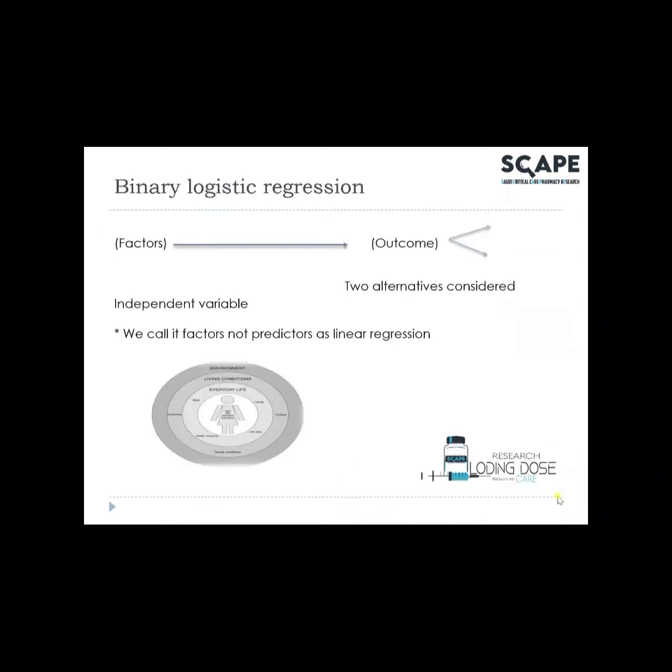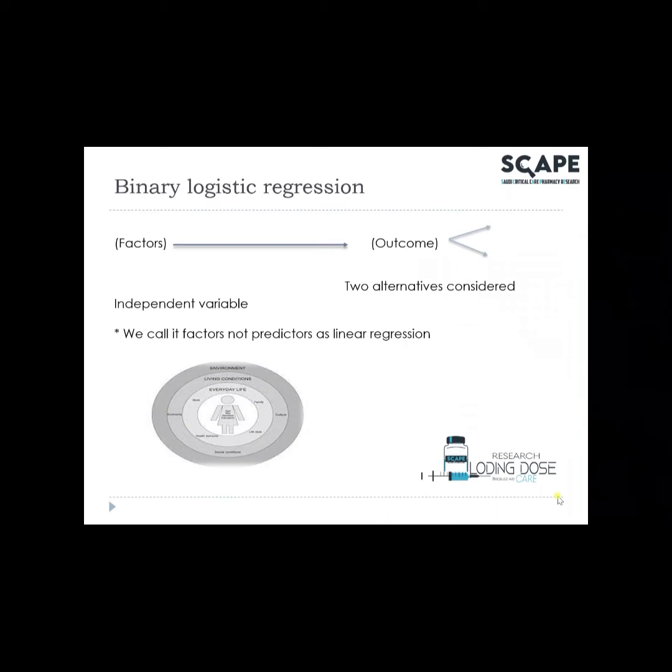So here, in binary logistic regression, we have the outcome with two alternatives. It can be yes or no, disease or no disease, positive, negative. The factors can be only one factor, and that will be simple.